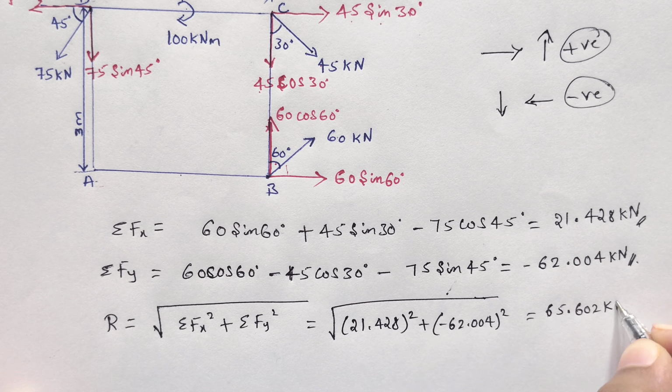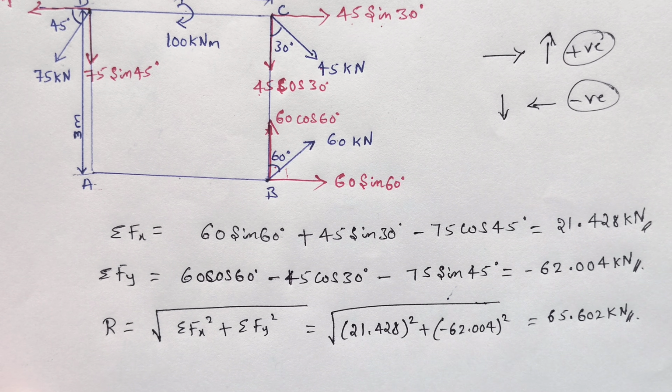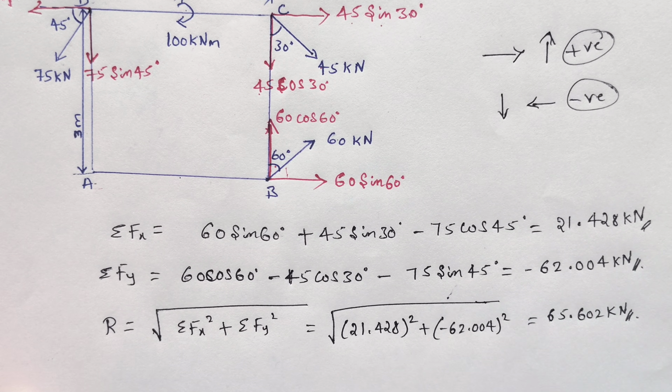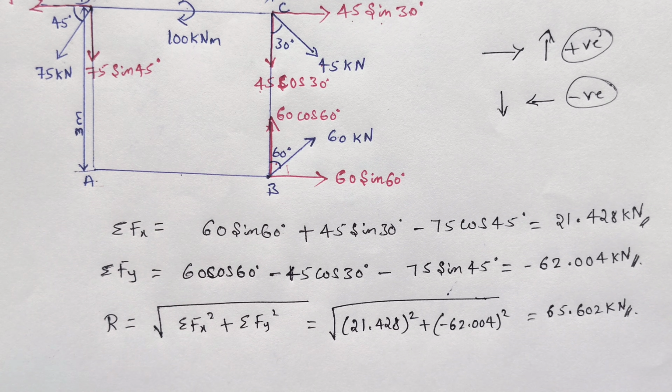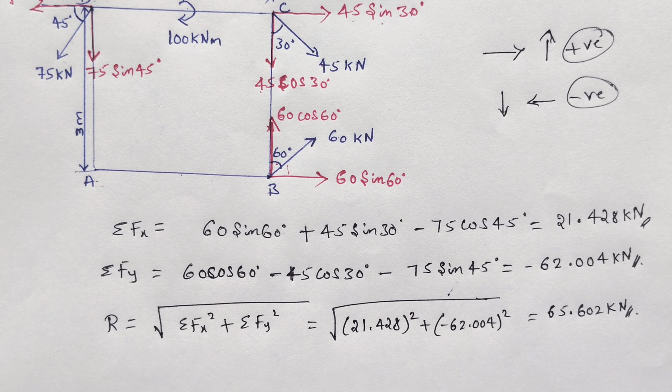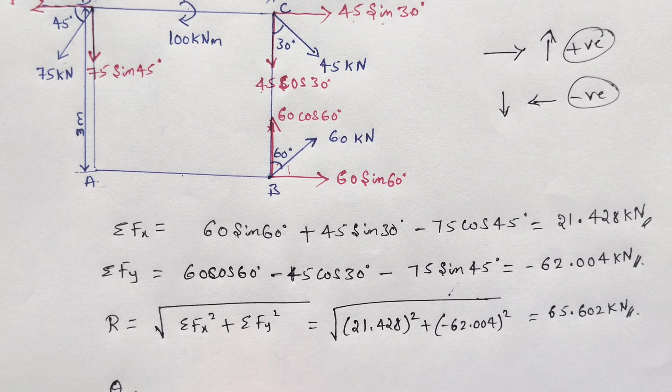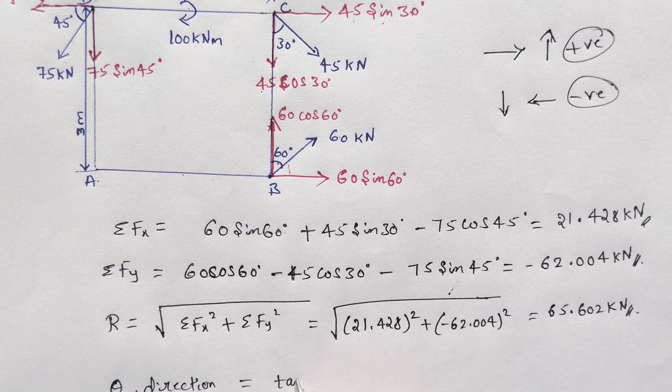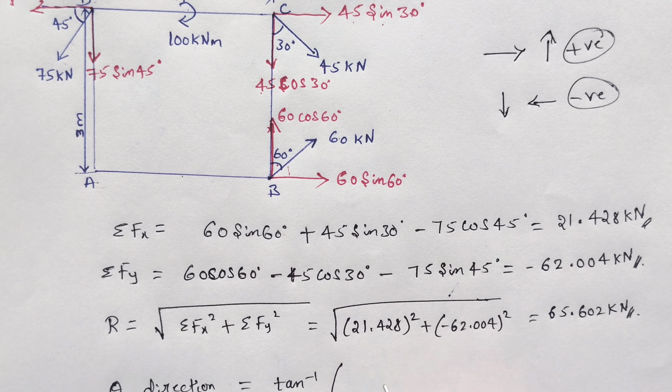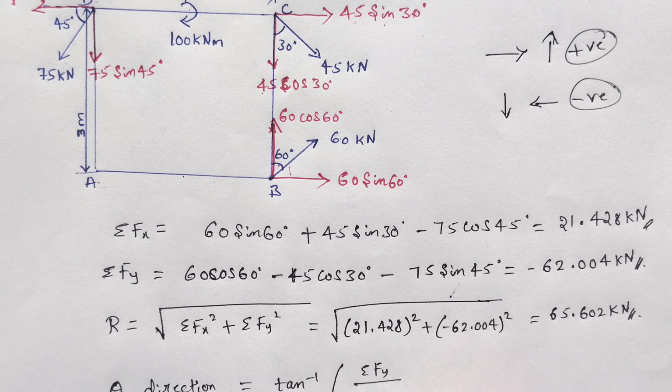65.60 kilonewton. Just check the value, whether you got the same value or not. Now they have asked in the question to find the direction of the resultant. What is the direction? Theta is the direction of the resultant, which is equal to tan inverse of sigma Fy by sigma Fx.